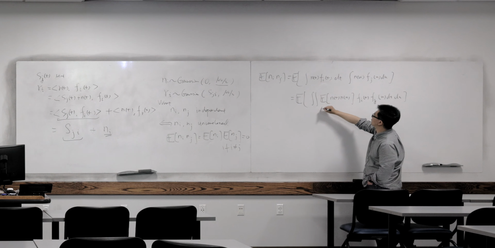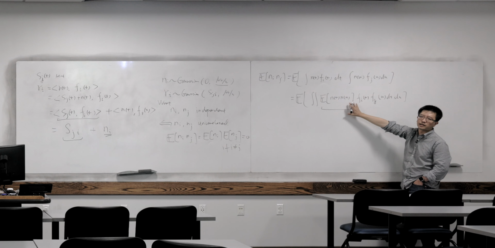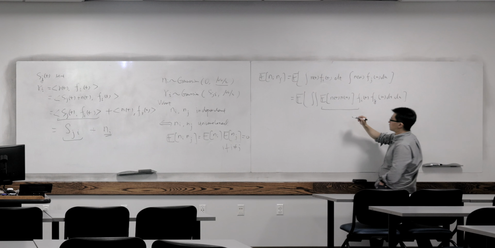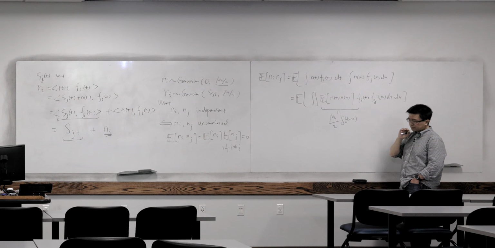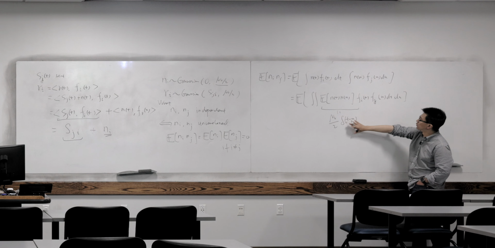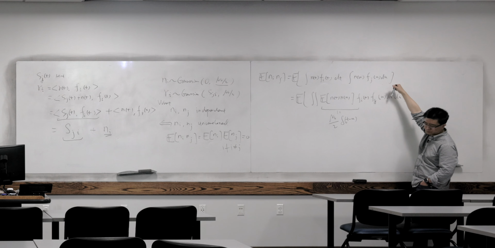This expectation is the autocorrelation function, which is nothing but N0 over 2 times delta of t minus u. We could integrate t first and then u, or vice versa, it doesn't matter.